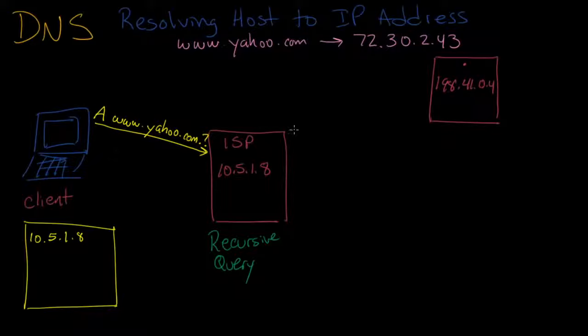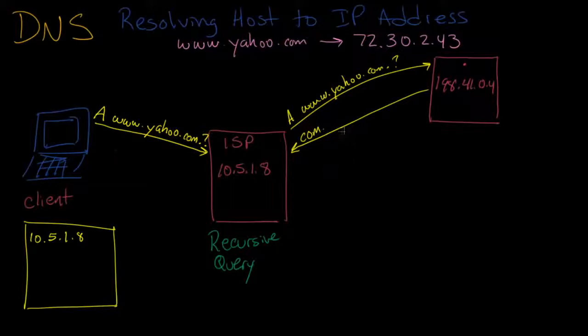Your ISP is now going to forward your request to this DNS server, and it's going to ask the same question: what is the address for www.yahoo.com? Most likely, this name server is not going to know the answer. It's not responsible for knowing the answer to any query that's outside of its zone. It's going to come back with a response that says, I don't know the answer. Why don't you go ask the name server for the com domain?